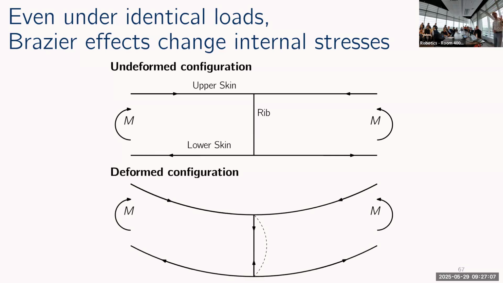But if I consider the deformed geometry of the wing, now these compressive and tensile stresses gain vertical components, and they put this rib under a crushing load, which can cause it to buckle. And in the dissertation, I go into more detail about how this same Brazier effect also leads to increased stresses in the wing skins and the wing spars.